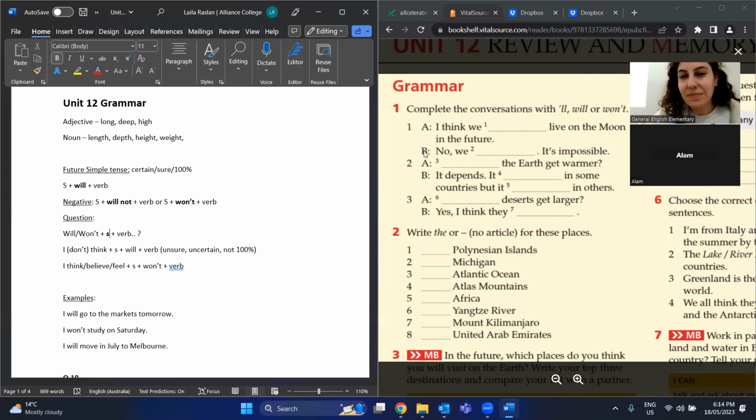You can connect it to I'll if it's the start of a sentence, like tomorrow I'll go see my mother, but not at the end. Try to separate it. Yes, I think they will. So it's more common to connect: I'll go to the beach tomorrow. I'll go to work tomorrow. But try not to connect at the end, make it separate.